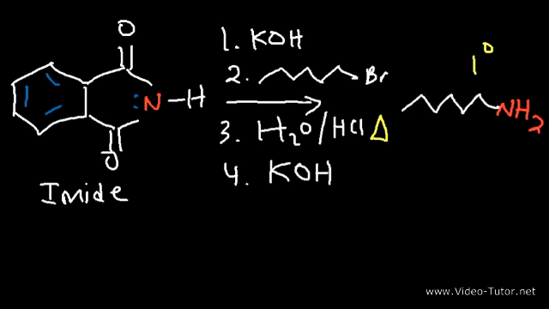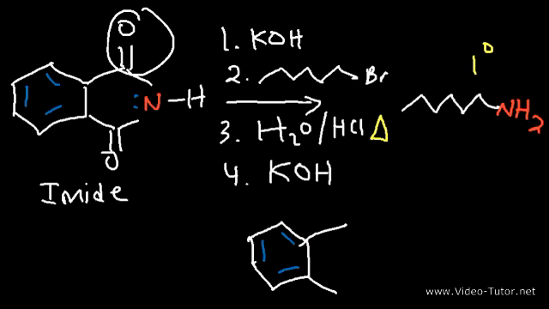Now what about the side product? Notice that we're not using hydrazine. So we're going to get a different side product if we use acid hydrolysis. The side product will still contain the benzene ring. But whenever you have a carboxylic acid derivative, if you mix it with H3O+, you're going to get a carboxylic acid.